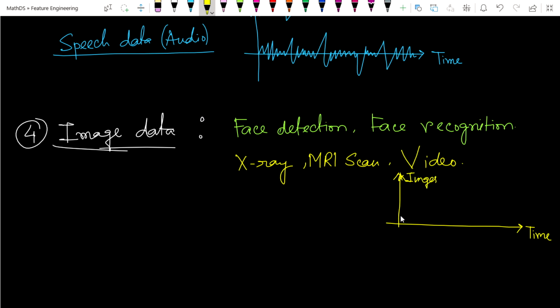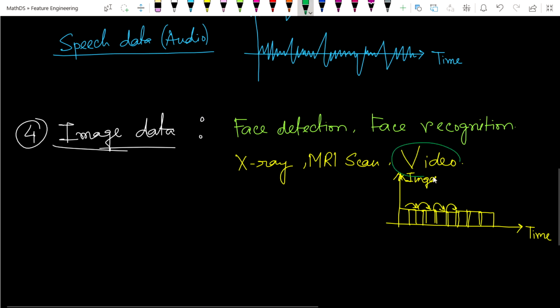As time progresses, we take a sequence of images, one after another. So video is a sequence of image data.